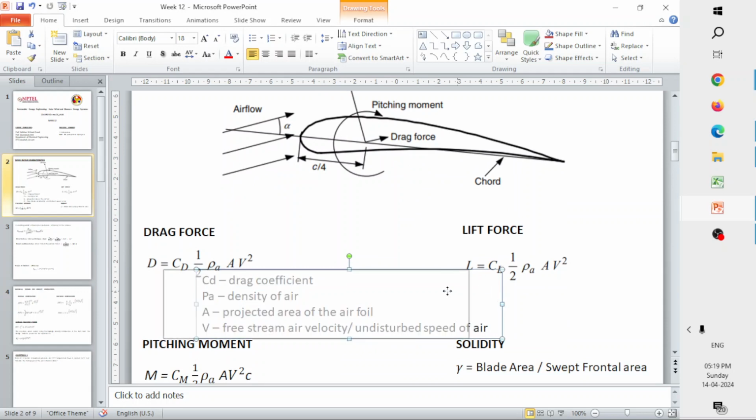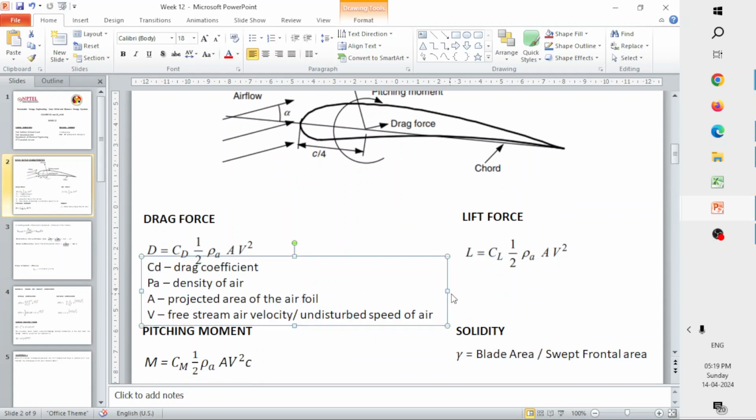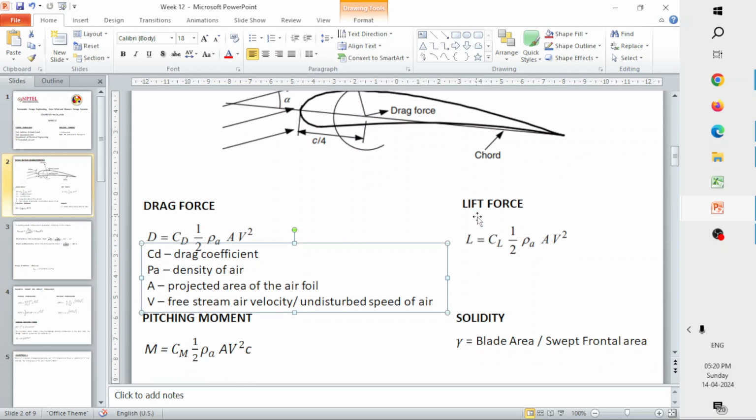The lift force, similar to the drag force, is expressed as CL times half rho A V squared. CL is called the lift coefficient. Again, V is your free stream velocity, or the undisturbed speed of air, rho is the density of air, and A is the projected area of the foil.